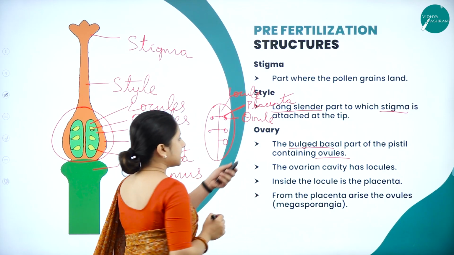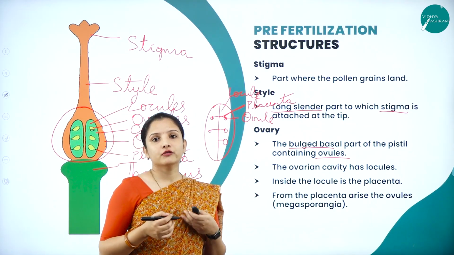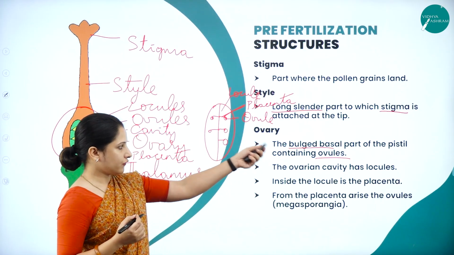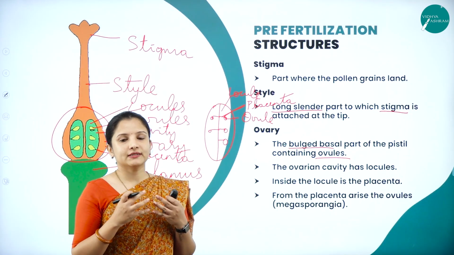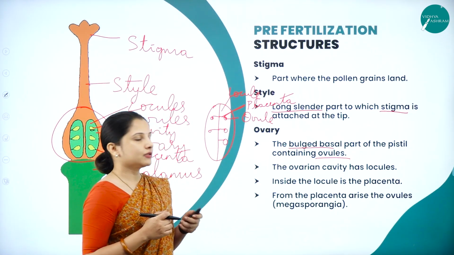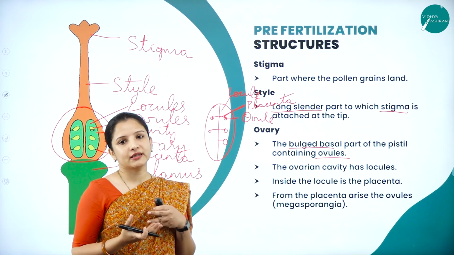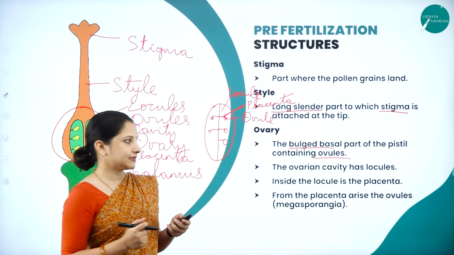So the ovary is the bulged basal part of the pistil. Inside the ovary, you can find the ovules, and inside the ovarian cavity you can find the locules, usually two or more. Inside the locule is the placenta.